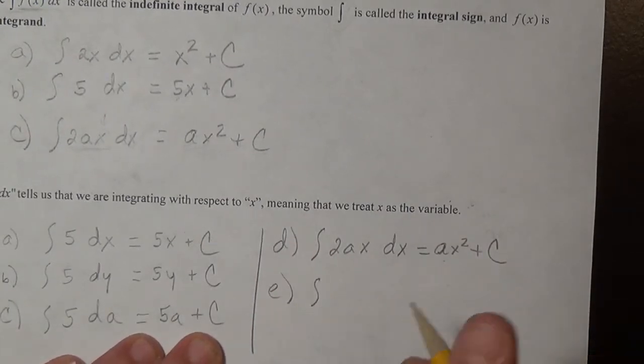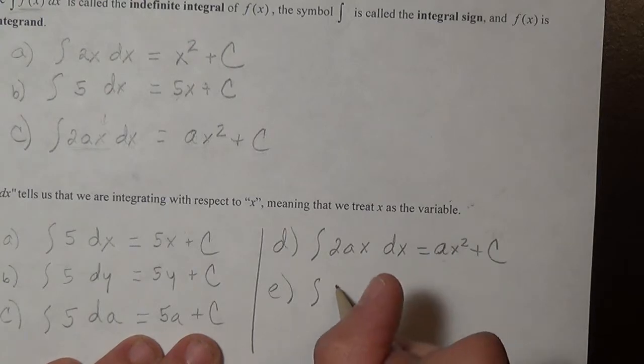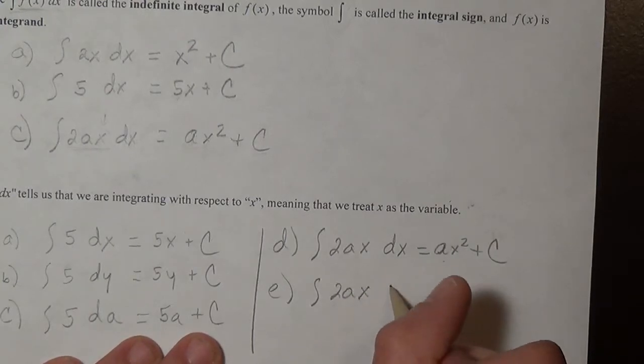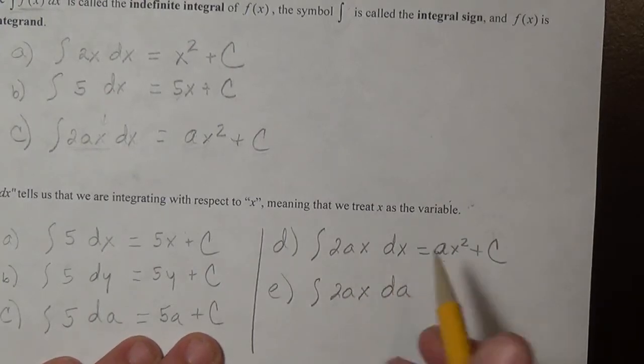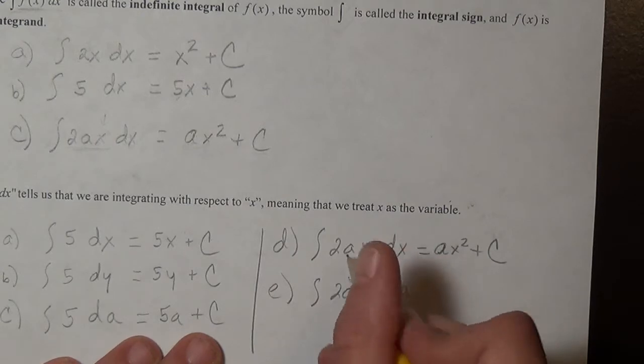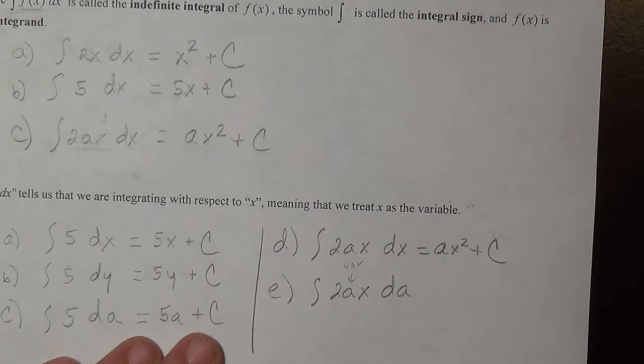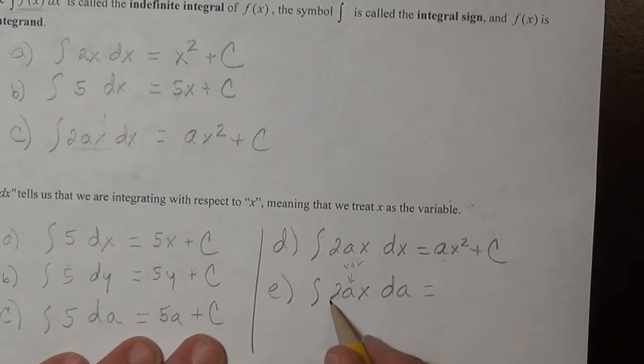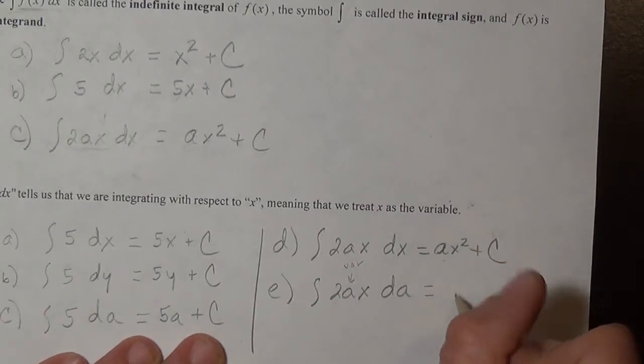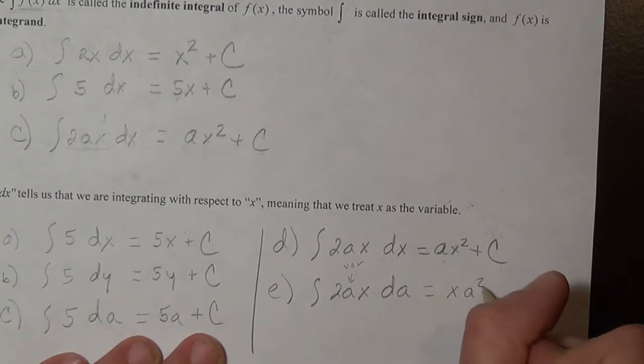And then if I wanted the indefinite integral of 2ax, but now with respect to a, now a is the variable, and I'm going to treat 2x as a constant. In this case, an antiderivative of 2ax with respect to a is going to be xa squared.